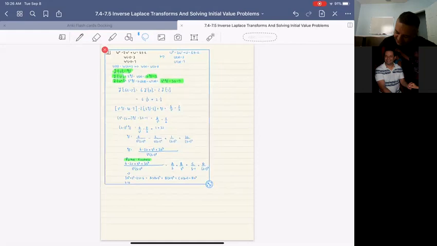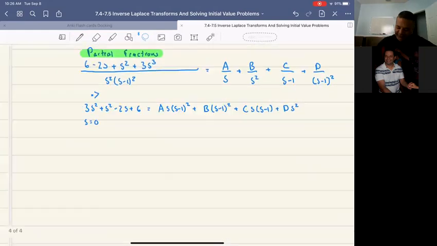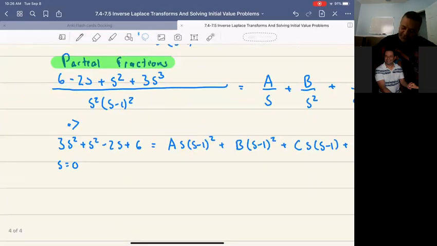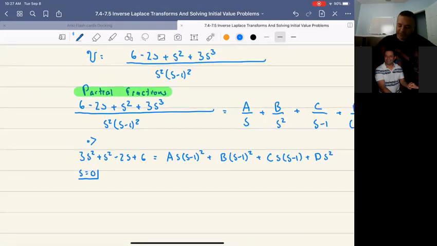So s equals 0. If s equals 0, watch, this goes away, this goes away, this goes away.